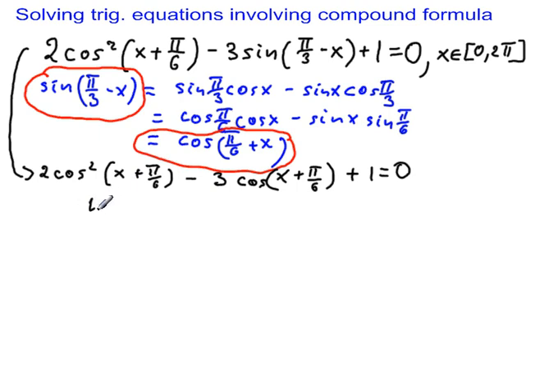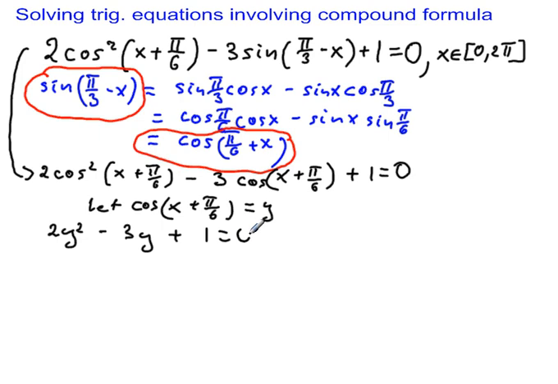So let cos of x plus pi over 6 be, say, y. So now we have 2y squared minus 3y plus 1 equals 0.